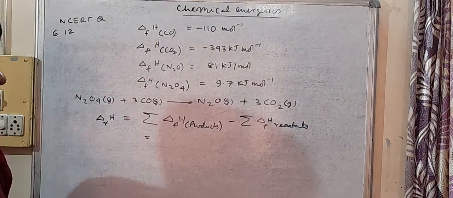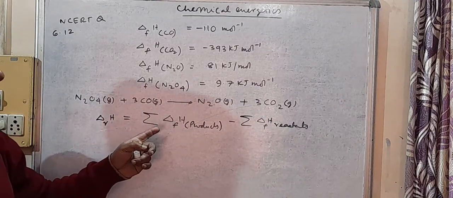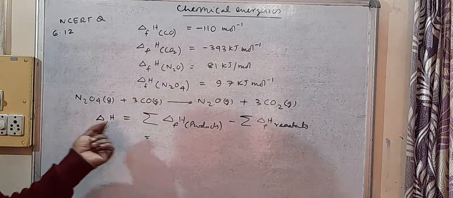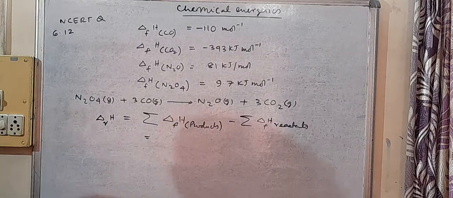As I was telling in the previous video, this is an application of enthalpy of formation data. Using enthalpy of formation data, we can find out the enthalpy of reaction. So this numerical is to that effect.